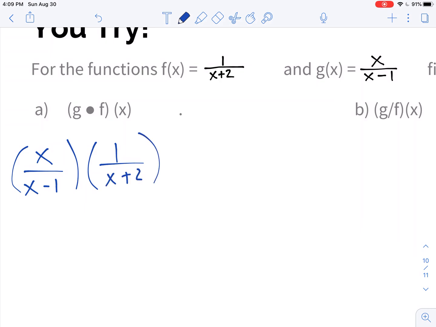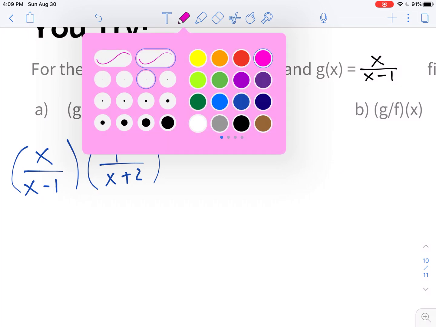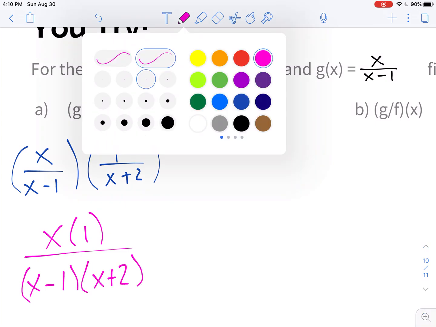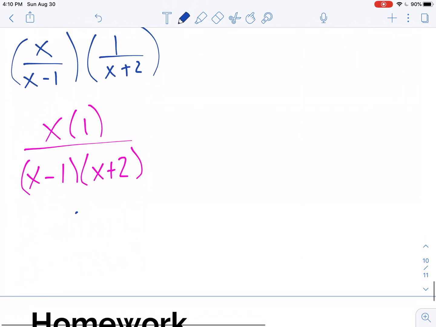Really nice thing about fractions is when you multiply them, you multiply across, so I end up with x times 1 over x minus 1 times x plus 2.